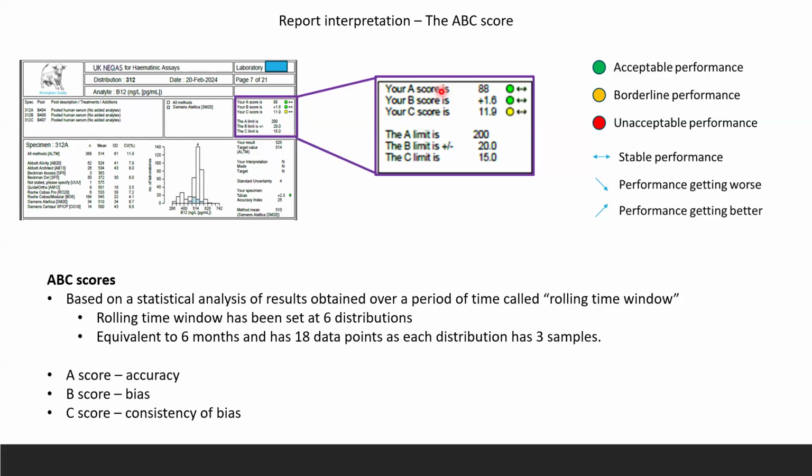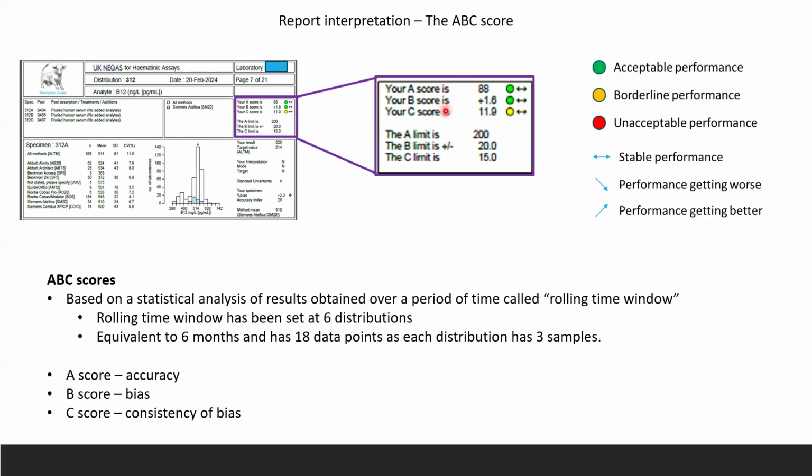Unlike the A score, which is comparable across the analytes, B and C scores are not. So the B score tells us how far away from the target our lab is for the concentration of the analyte. And it's a trimmed mean of the individual specimen percentage biases in the rolling time window. So depending on the analyte, the range of acceptable B score is going to vary.